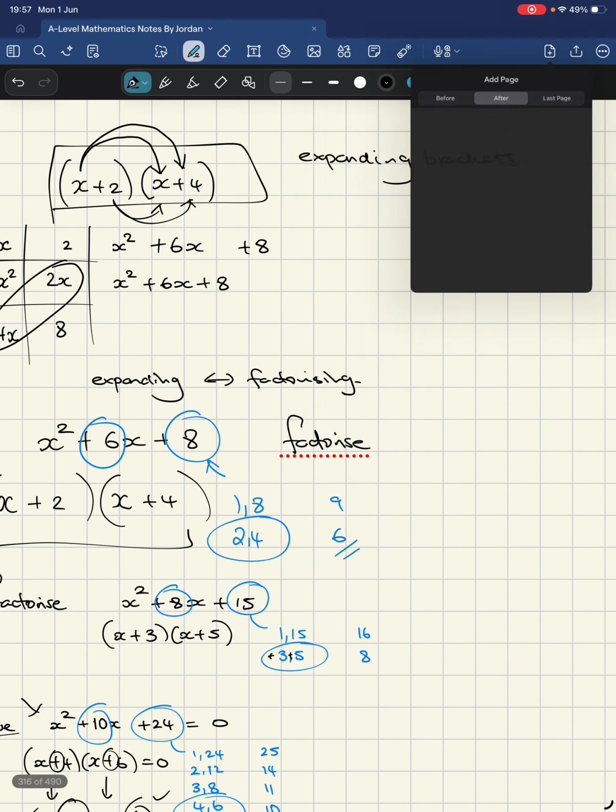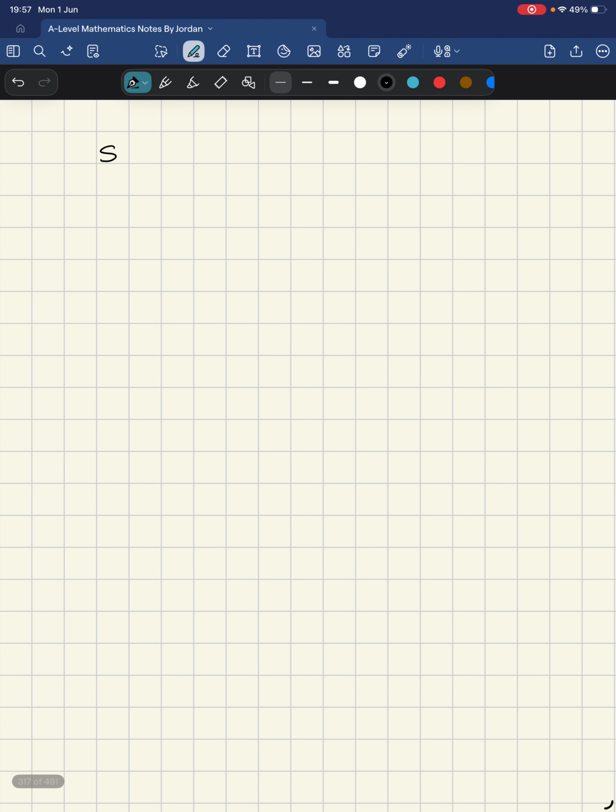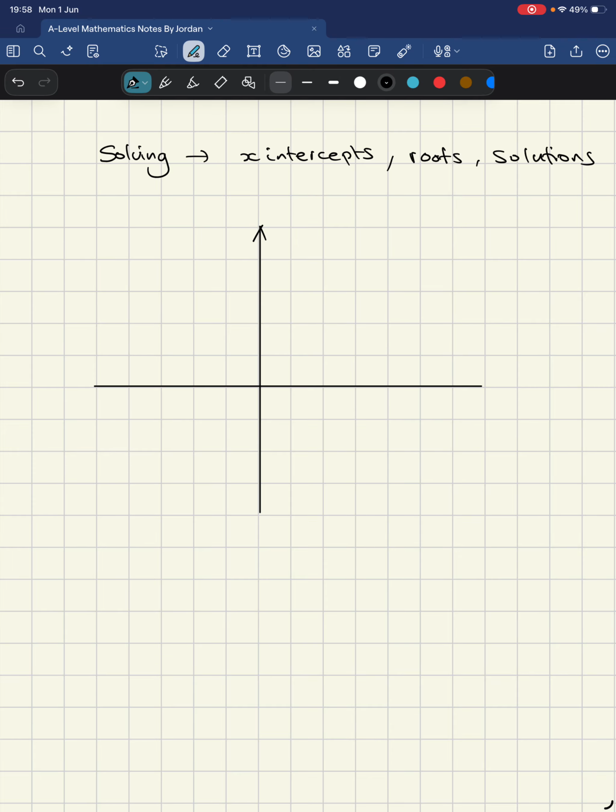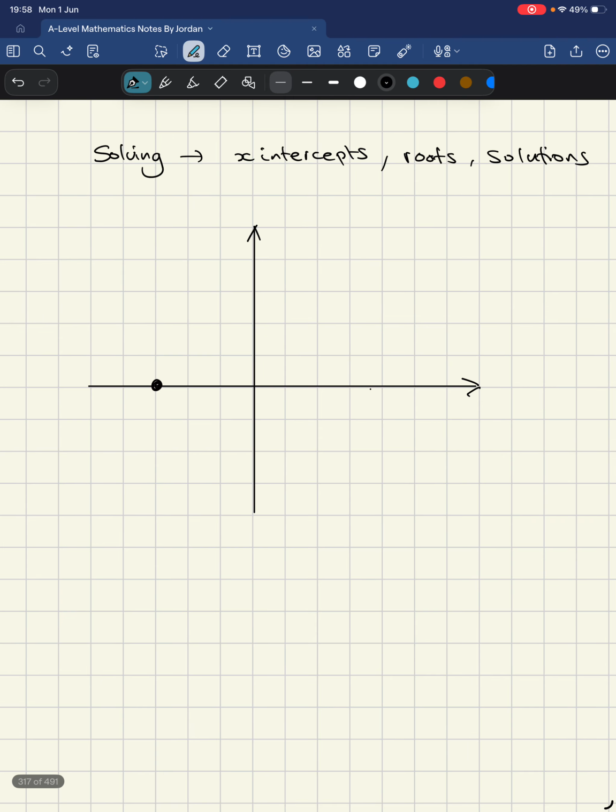Now, why do we do solving? Let's get another page up. The reason we do solving is because it's going to find what we call the x-intercepts. Another word for that would be roots or solutions. They all mean the same thing. So what is that? Well, if we look at a quadratic graph, not always, but sometimes we will find that it crosses the x-axis at 2 points.